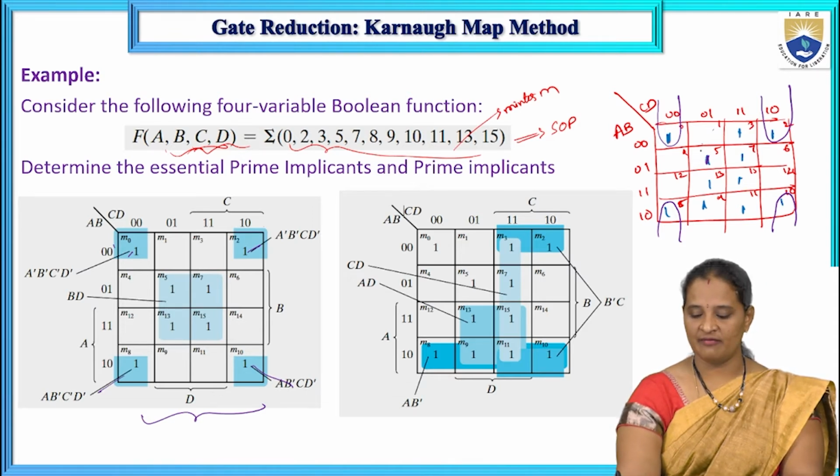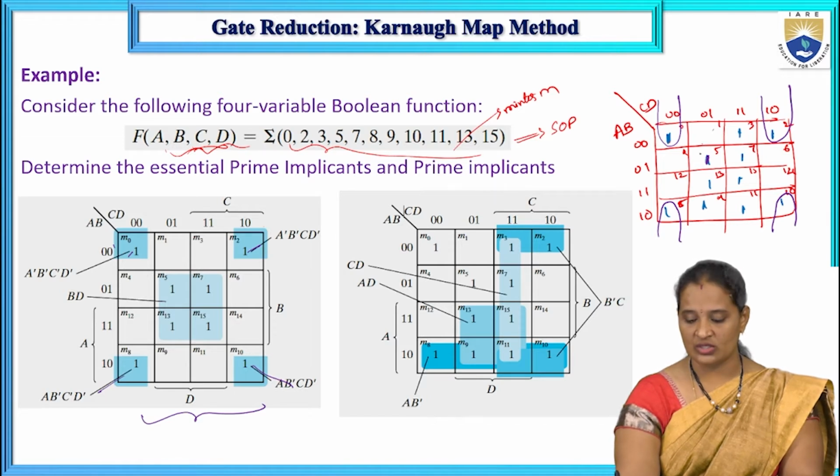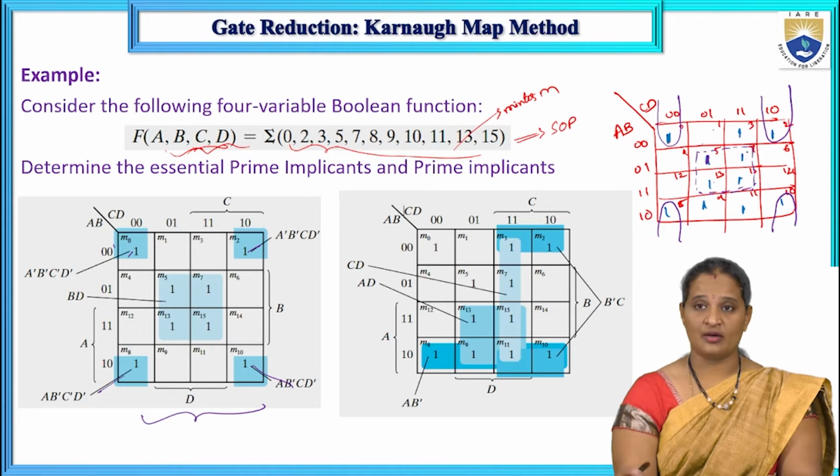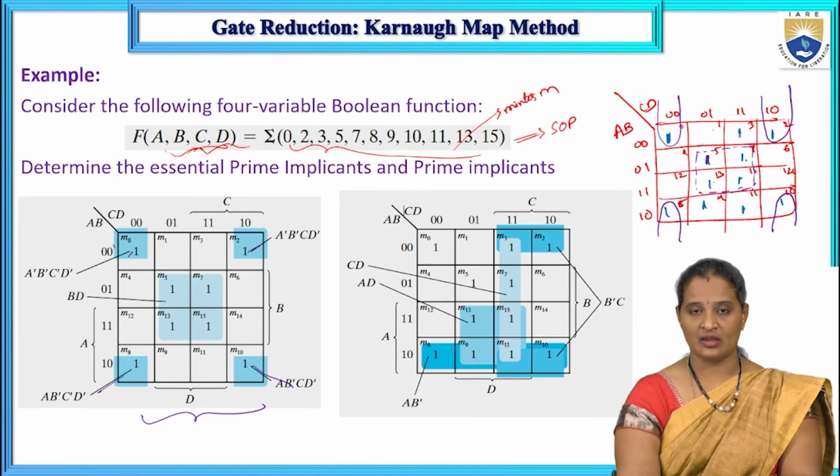Now let us see the 5. Min term 5 can be covered by only this group, which is formed by the 4 cells M5, M7, M13 and M15. Are there any other groups for forming quads? I can form a pair here, but it is a smaller group than the quad.